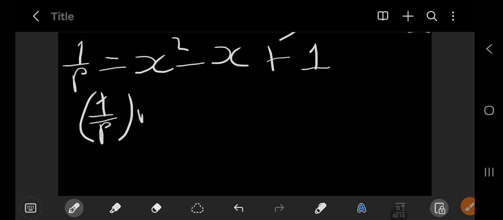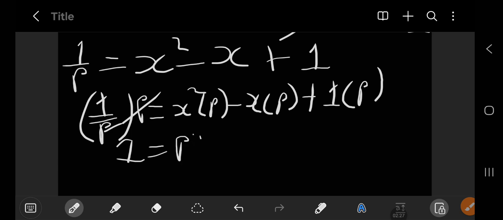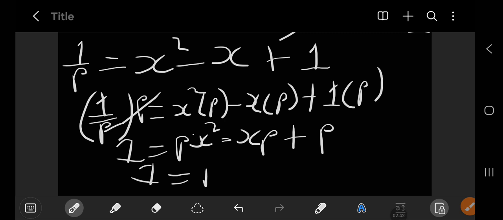So p multiplies x squared, minus x also multiplies with p, and plus 1 multiplies with p. The p's on the left cancel, so we're left with 1 equals px squared minus xp plus p. Let's put this in standard form. So this becomes 1 equals px squared minus px plus 1 times p, which is p.